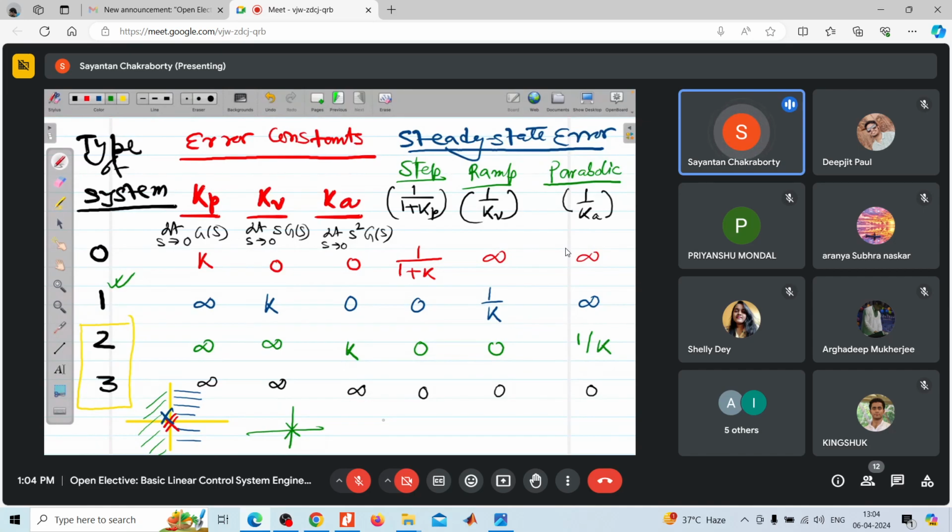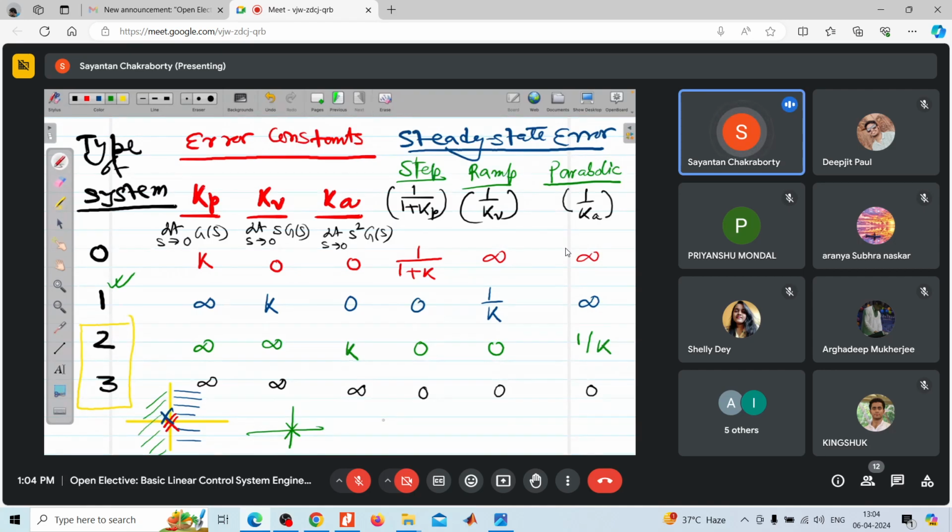Now, there's another restriction. As I mentioned, to reduce the steady state error, you have to increase the value of Kp, Ka, or Kv. That has direct consequence on the transient response. Say for a type 0 system, if you increase the value of K, the transient response will become very oscillatory. Peak response and peak time will increase abnormally. That is not advisable.